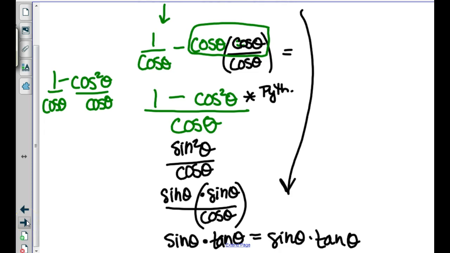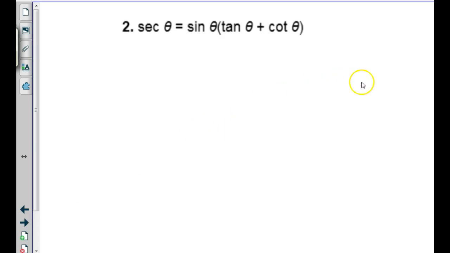Pretty good? What about this one? Which side maybe you want to work with here? Yeah, I would definitely work with the right. I don't know how to change secant until we've got all this garbage going on, but I'm hoping we can simplify all that garbage down so that we end up with a secant. All right, so what do you want to do here maybe?